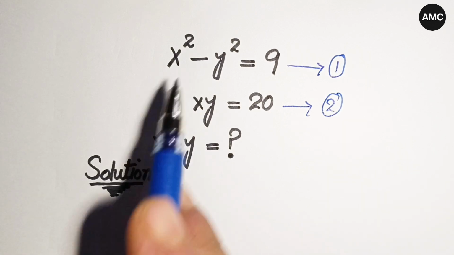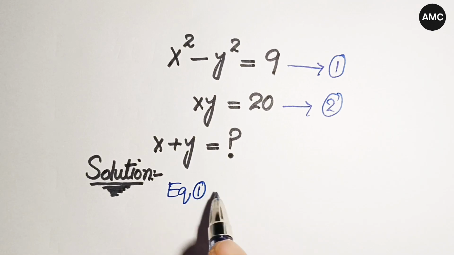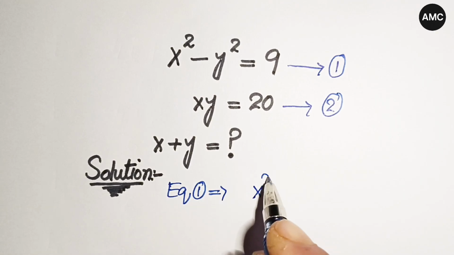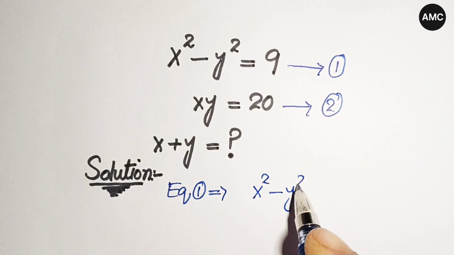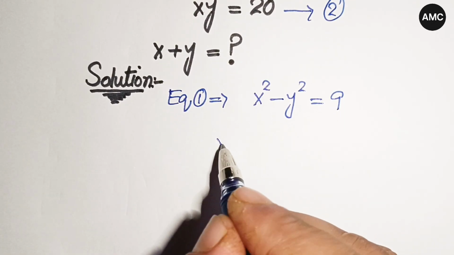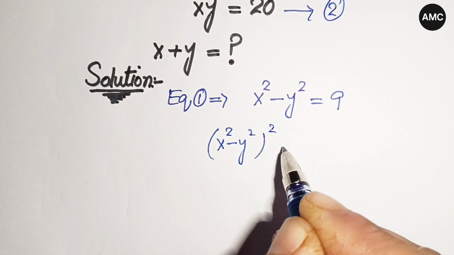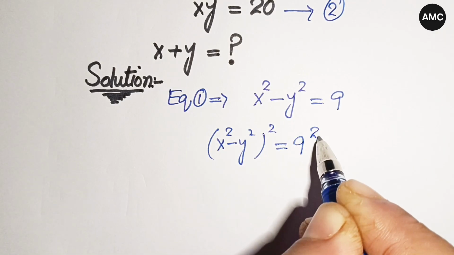Now, if we take equation number 1, that implies x squared minus y squared is equal to 9. Taking the square on both sides, we get (x squared minus y squared) whole squared is equal to 9 squared.